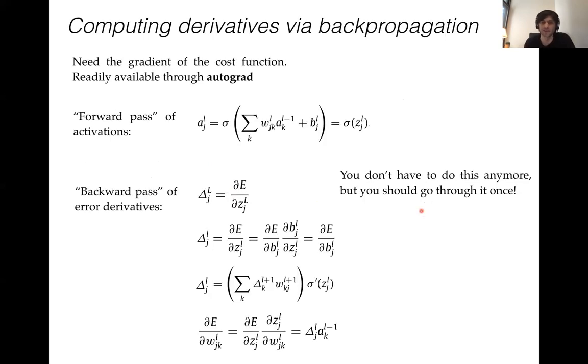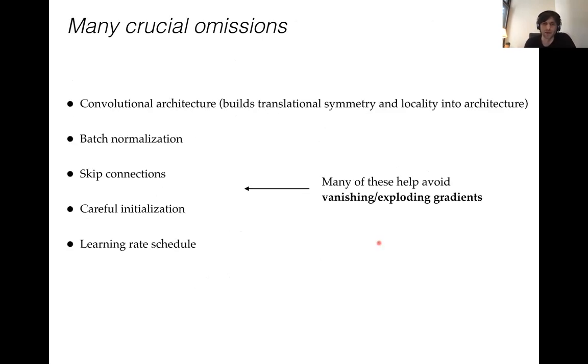The idea is, if you go back to these equations, to get the gradient, we need these deltas, and these deltas you get recursively from deltas in the later layer. So you start at the end and you go backwards. That's why it's called backpropagation. And every time you multiply by another derivative, and if you have many layers, you're multiplying many things together, and if those things are much larger than one, then you get things that explode.